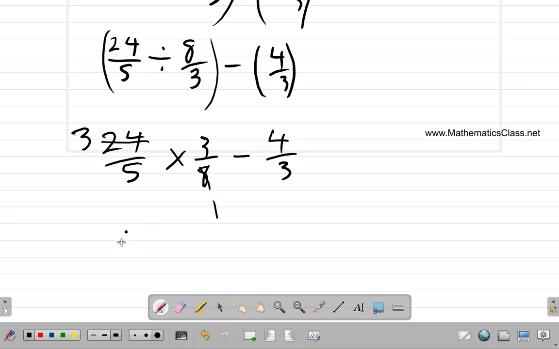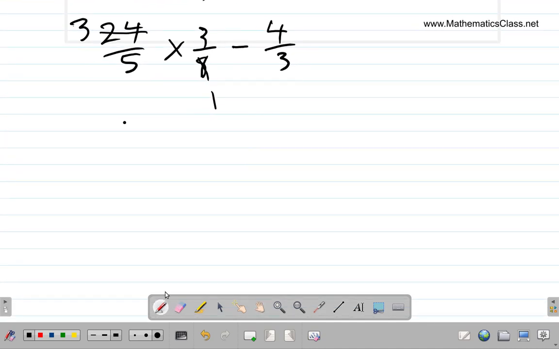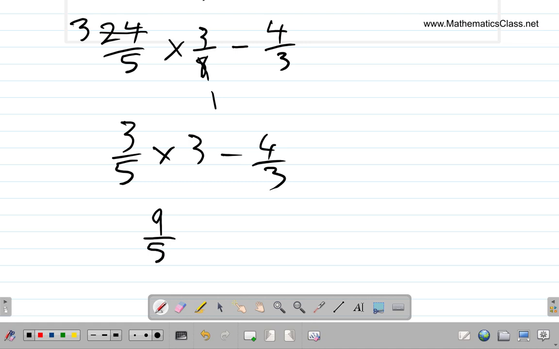So this now is really 3/5 multiplied by 3 minus 4/3. 3 times 3 is 9. So 9/5 minus 4/3. Alright?